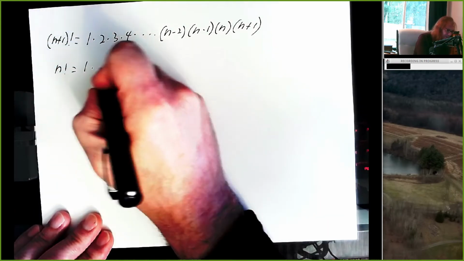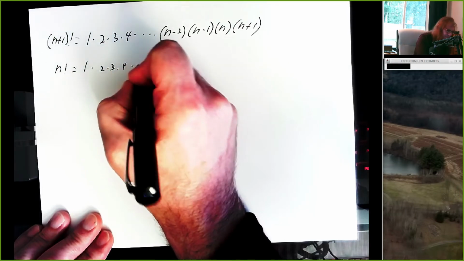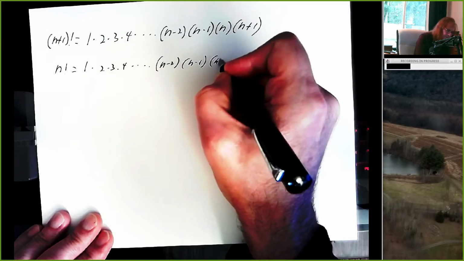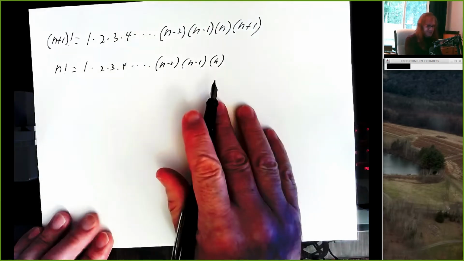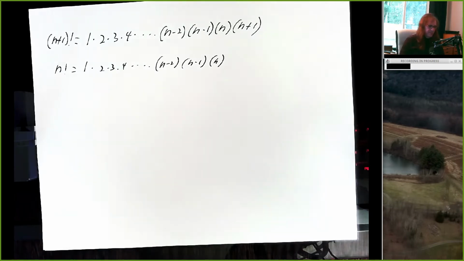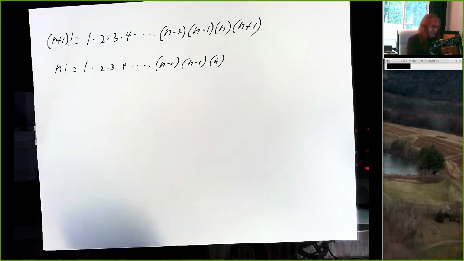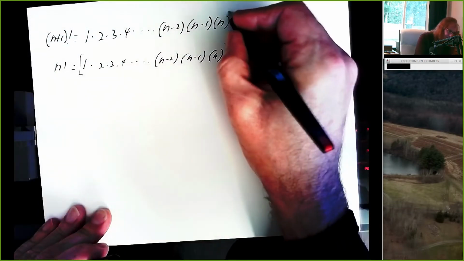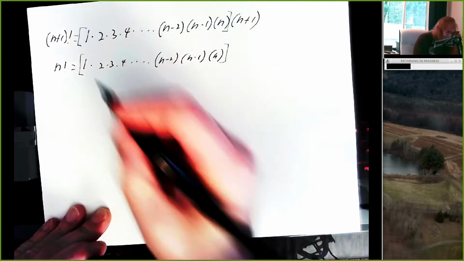So n!, if we do the same thing, is just the product of the first n integers. And so all I'm doing is noticing that this and this are exactly the same thing.